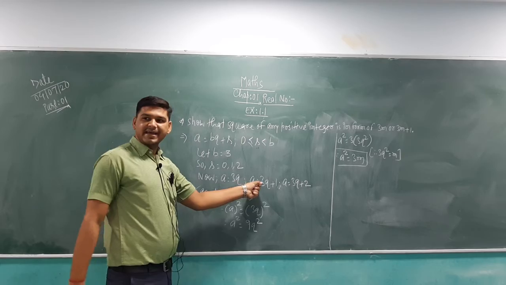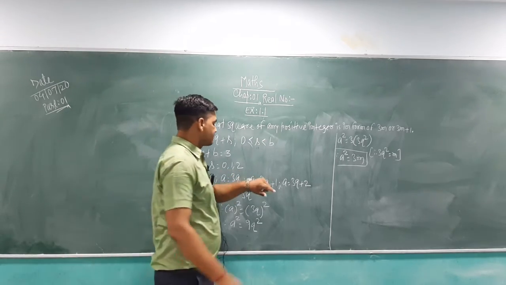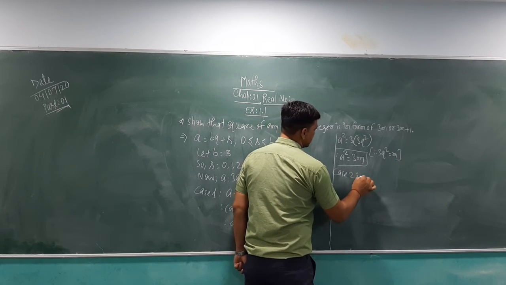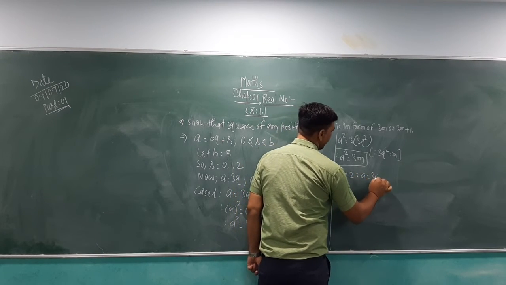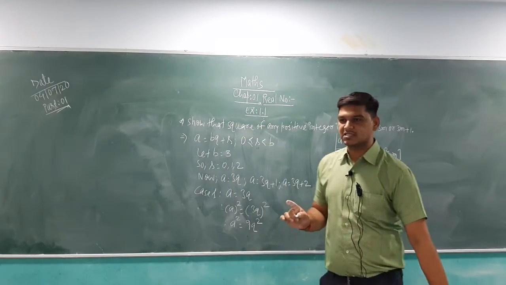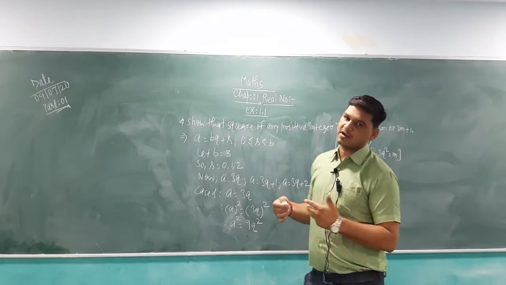Now we'll take case 2, that is a = 3q + 1. We also have to find the square of this number.